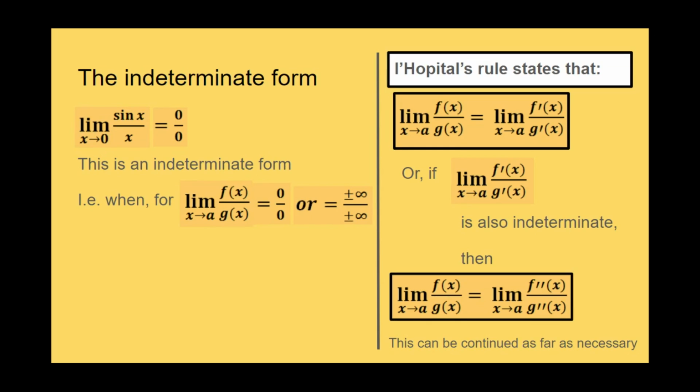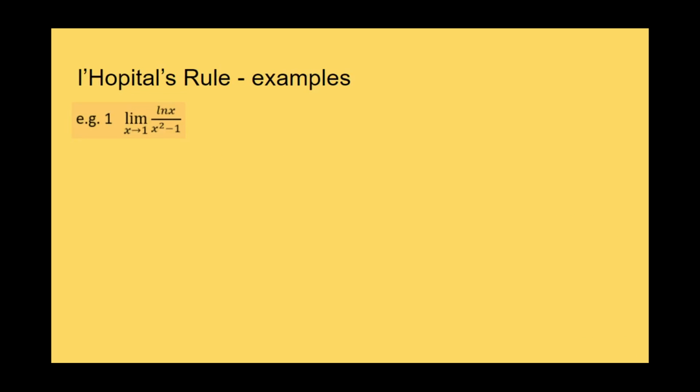Let's have a look at an example. Here's our first one. So we're finding the limit of this function as x tends to 1. So we sub in our values, and both numerator and denominator are tending to 0, so we've got the indeterminate form.